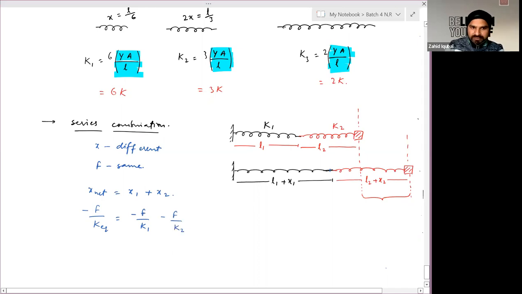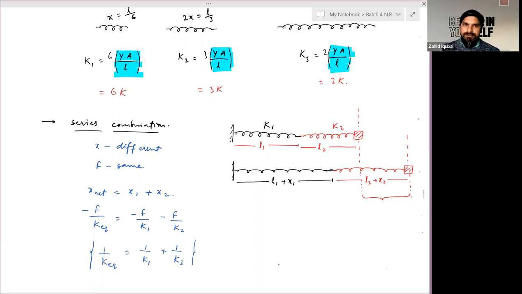Now, if you take out F as common from the whole, you are left with 1 by K equivalent equals 1 by K1 plus 1 by K2. So this is the equivalent formula to find the combination of springs in series. It will be valid for horizontal combination as well as vertical combination.